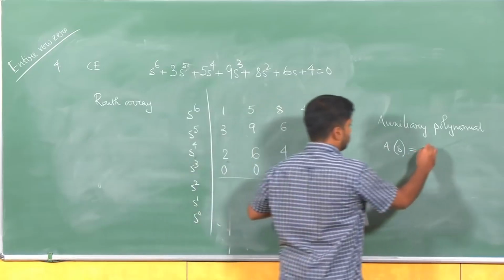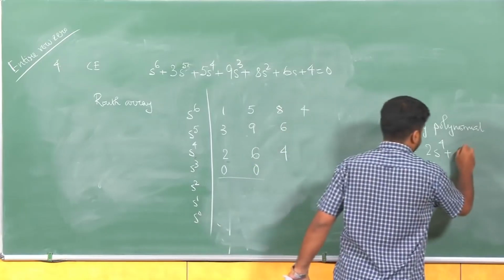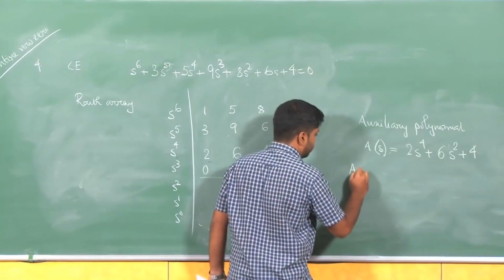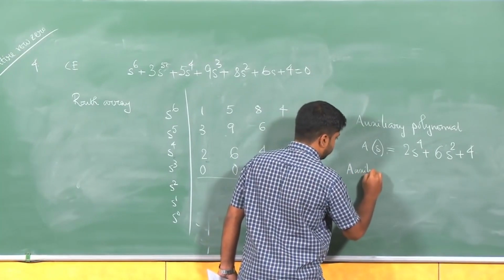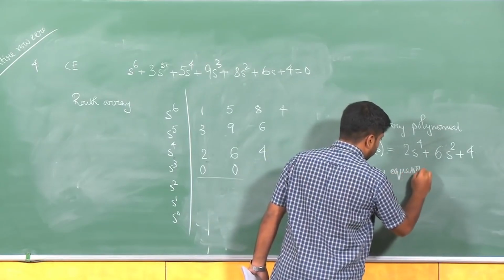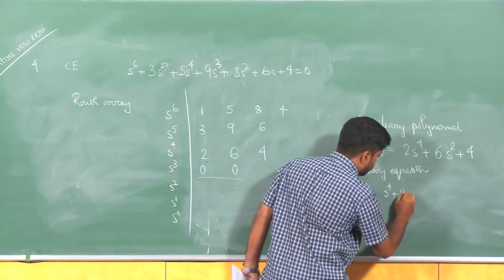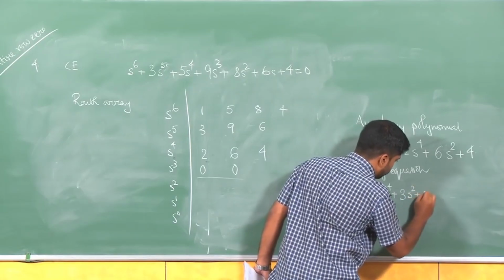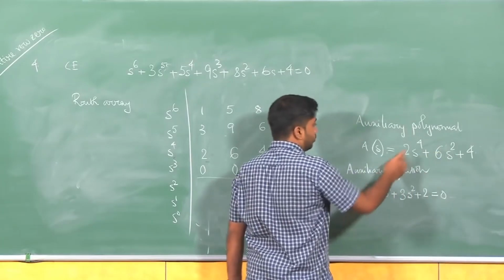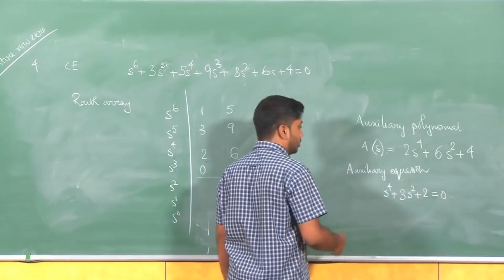So, here it will be 2 s to the power 4 plus 6 s square plus 4, and the auxiliary equation can be written as s to the power 4 plus 3 s square plus 2 is equal to 0. So, we take common 2. So, we divide all the terms by 2 and we get this equation.